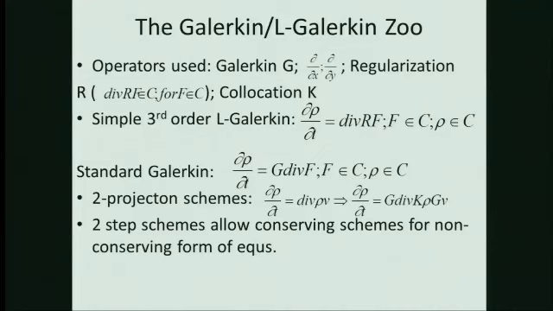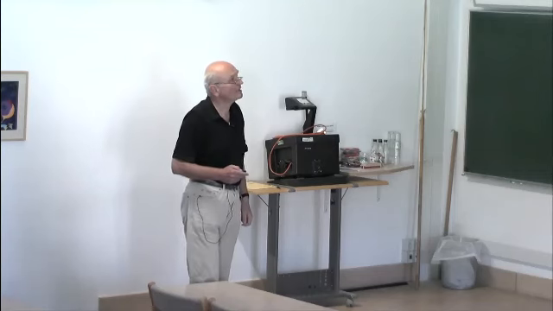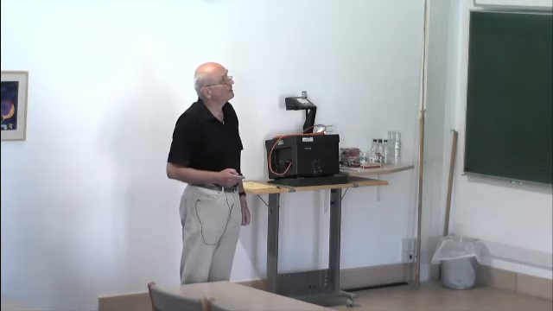So then I have this zoo of methods where I spoke before. So I use the Galerkin operator G. I use differentiation operators, which are not to be approximated. They come naturally in a function method.